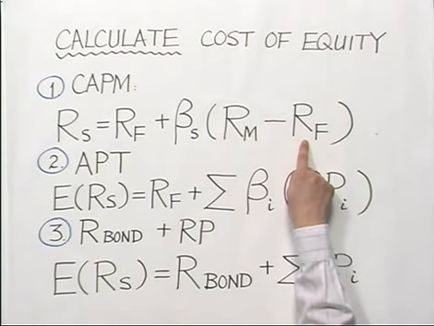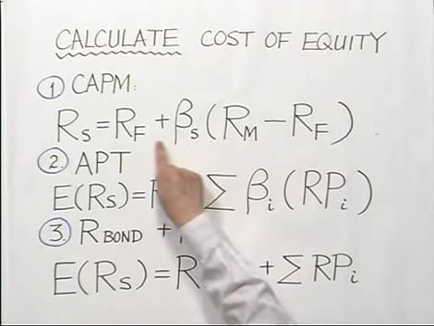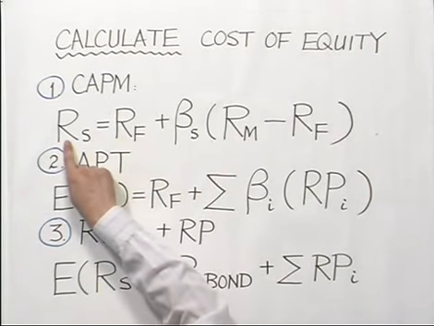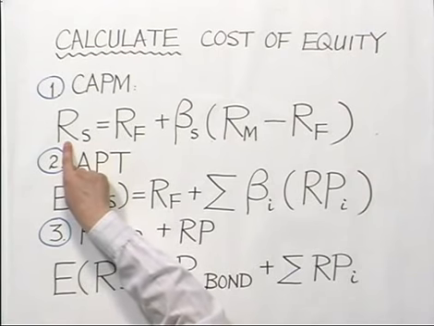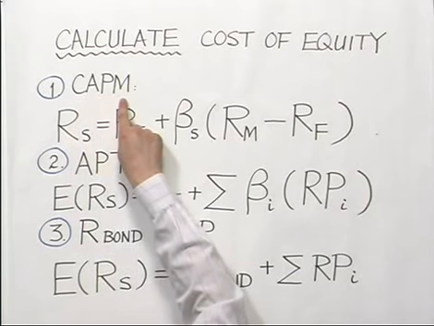That is your market risk premium. That 5% multiplied by beta 1.2 plus the 10% risk-free rate, you would get the required return of your common stock. That's the capital asset pricing model.